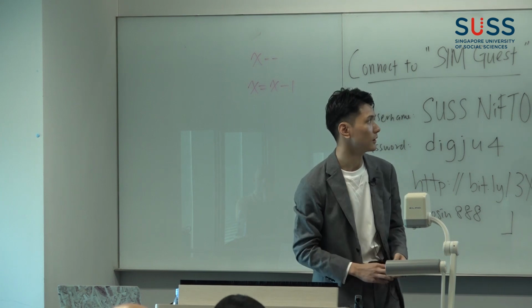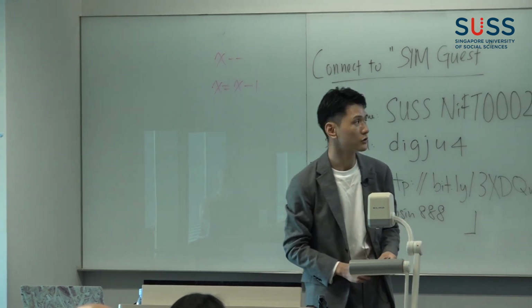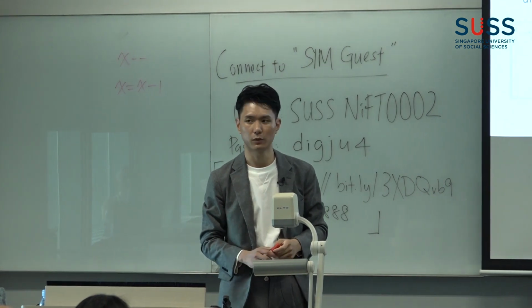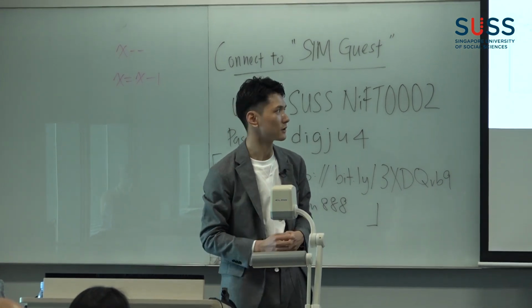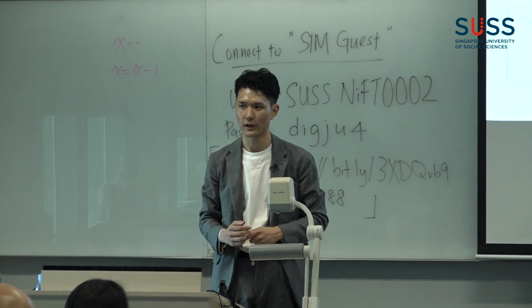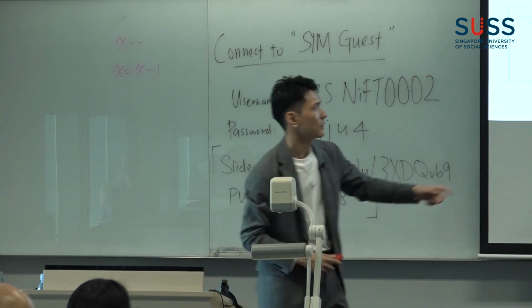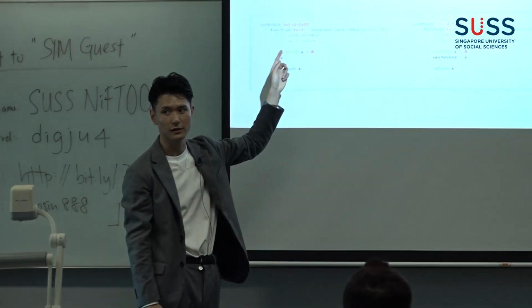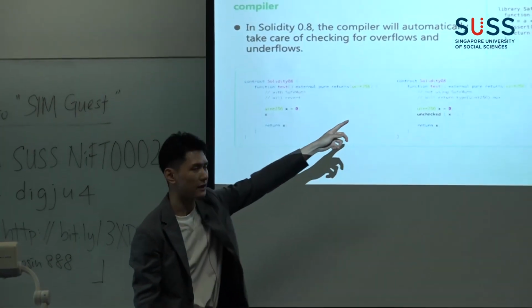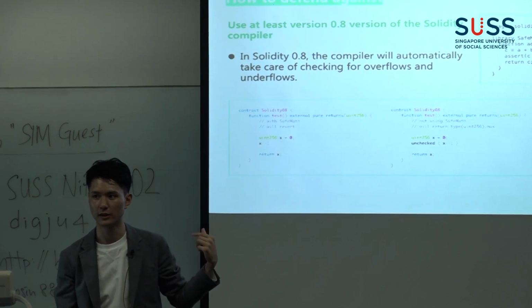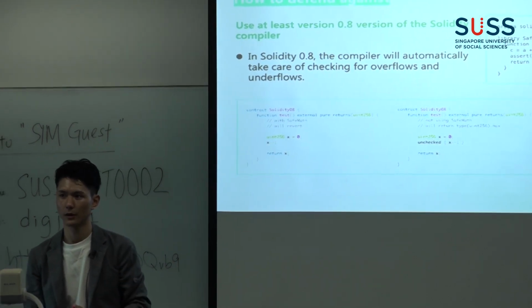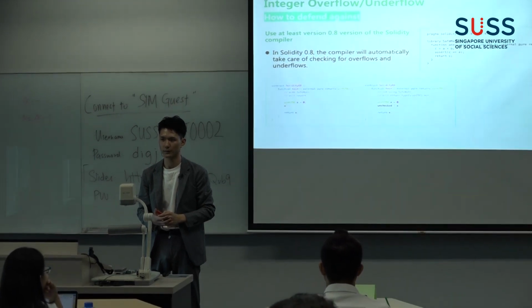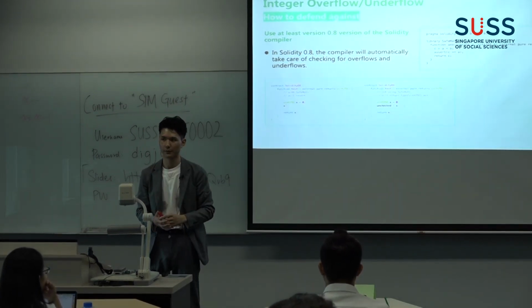Yes, but in Solidity versions later than 0.8, the compiler actually adds a SafeMath-like implementation inside the VM. When that happens, it will cause the transaction to revert. So same as SafeMath.